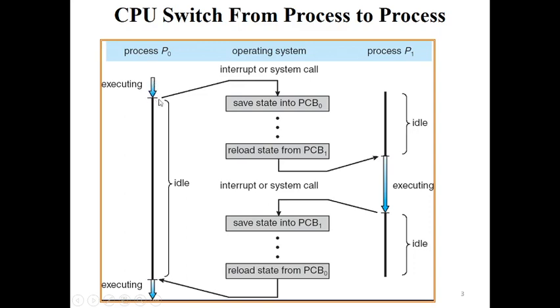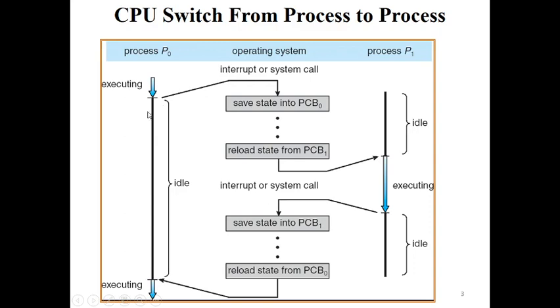Whenever the process P0 is executing, it is assumed that P0 is in a running state. Now suppose due to some reason the execution of P0 has been interrupted and it has to be sent from running state to ready state, due to preemption.